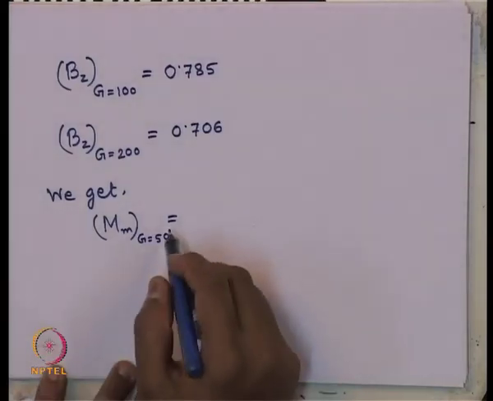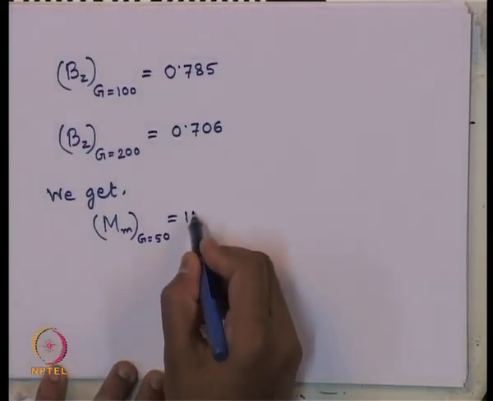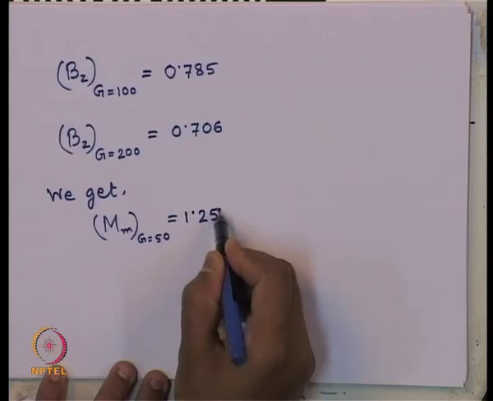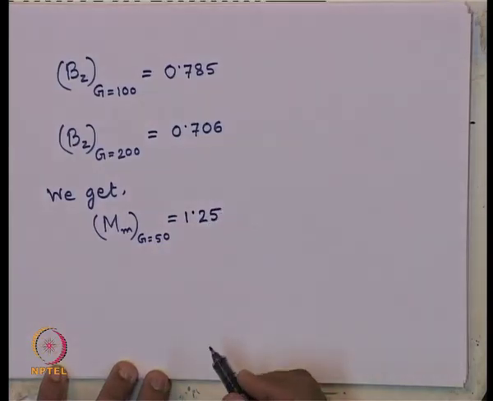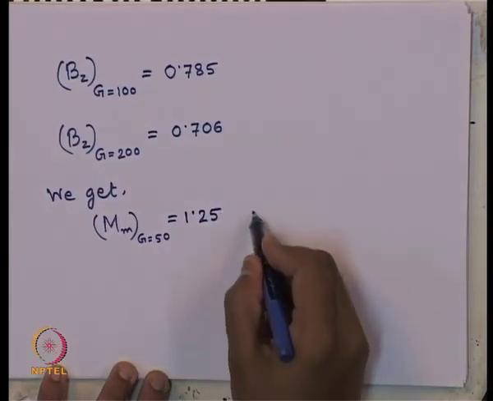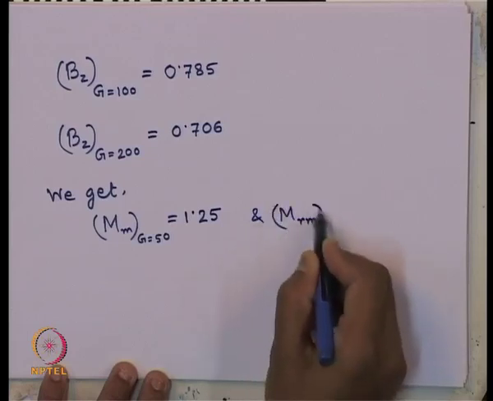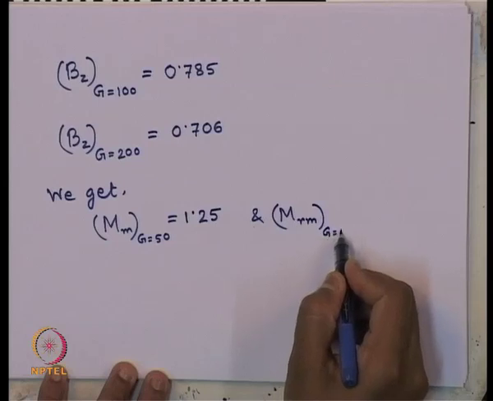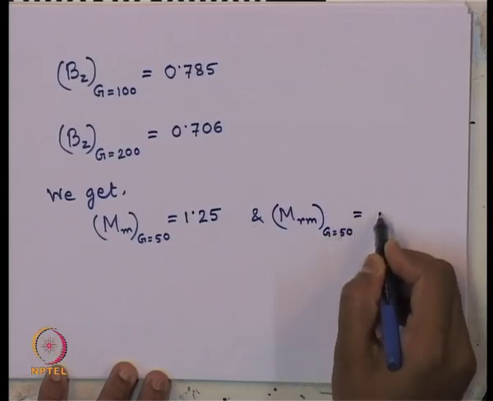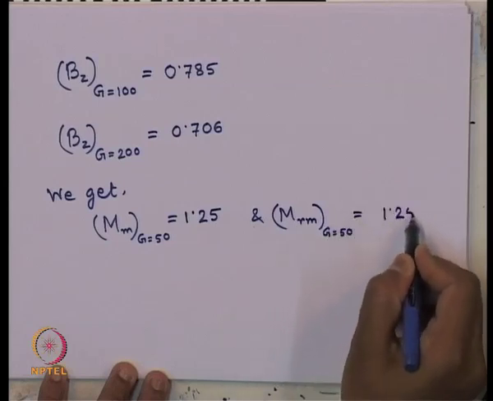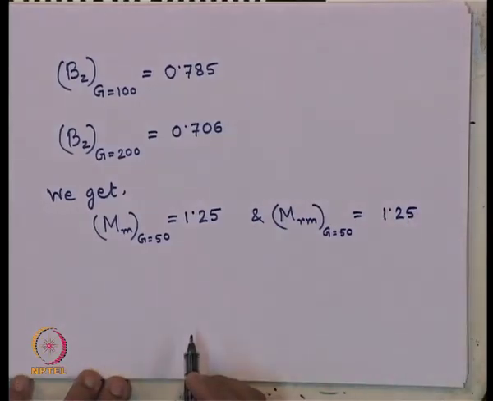By doing so, I am able to read the value of Mm as about 1.25, and for rotating mass type excitation Mrm, that also I am reading about 1.25 from the design chart.